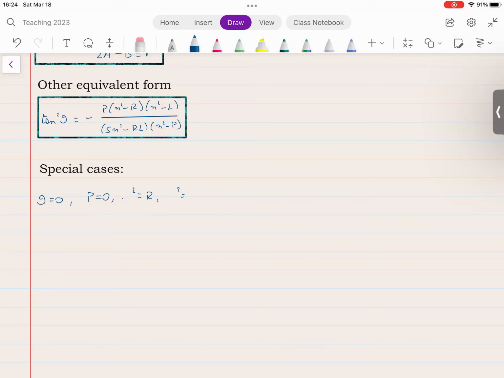We're using lowercase n, or n square is equal to L.